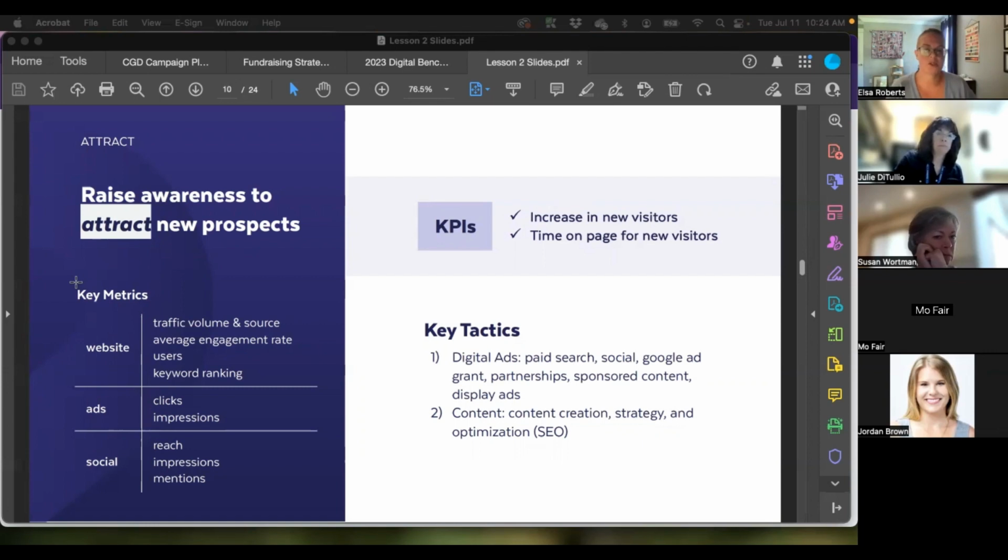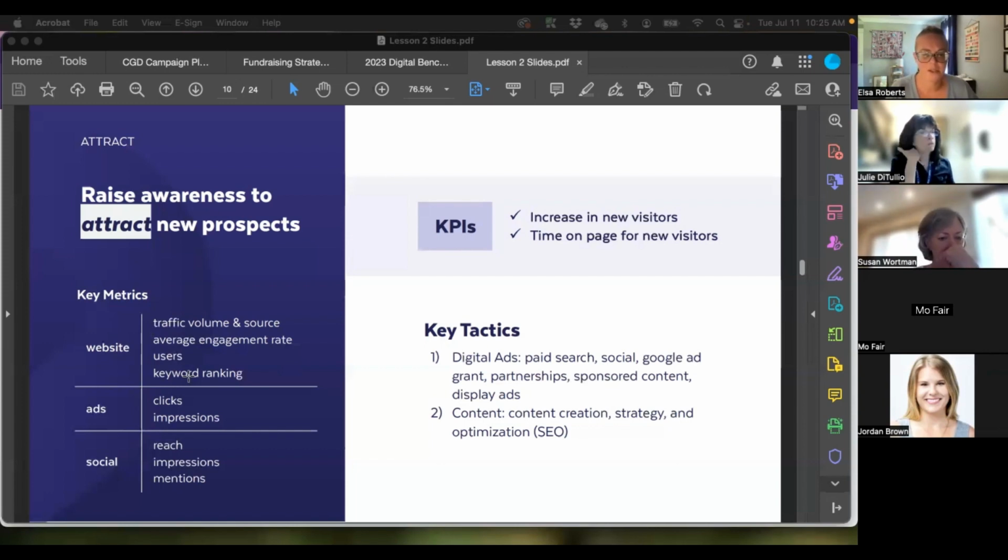So for key metrics for attract, for your website, you would want to measure things like the number of users, your overall traffic volume, where that traffic is coming from, and maybe the average engagement rate of folks on your website. You may want to know how different keywords are ranking.